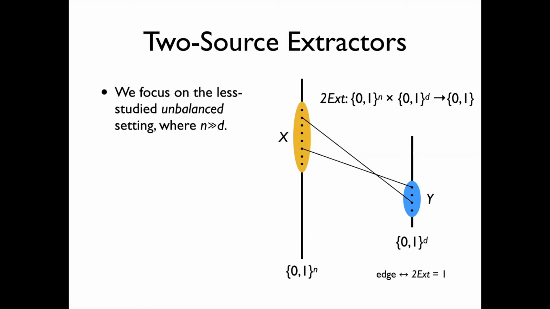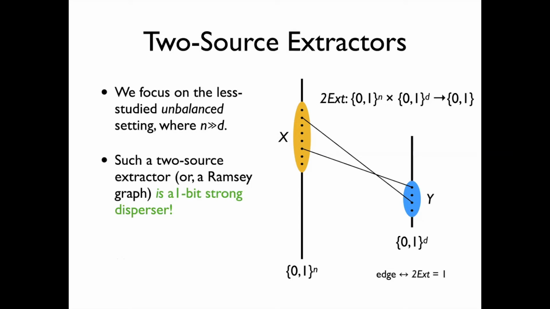Okay, and we focus on the less studied unbalanced setting, where n is greater than d, the left-hand side is greater than the right-hand side. And such a two-source extractor, or a Ramsey graph, is in fact a 1-bit strong disperser. Exactly the same function is a 1-bit strong disperser, where the second input is the seed of the disperser.